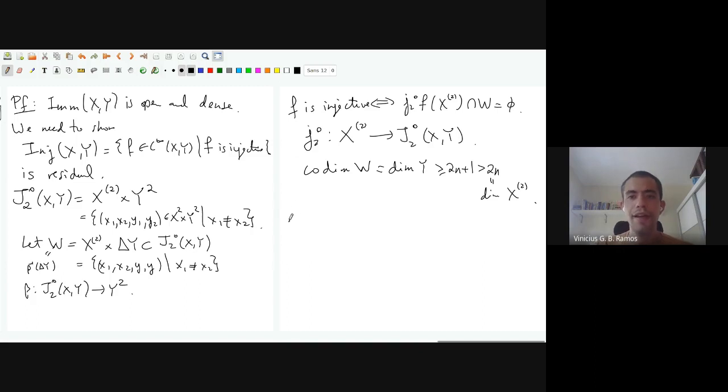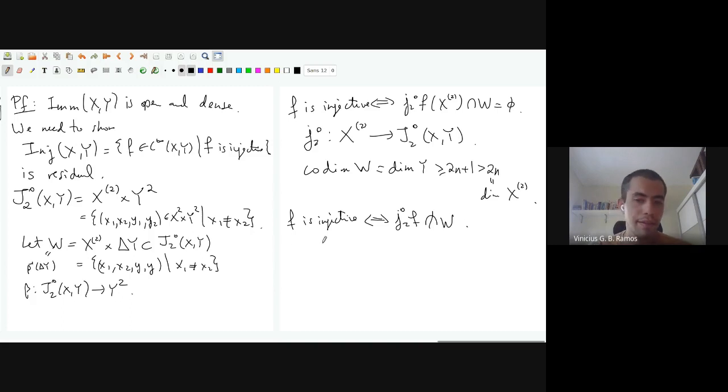So that means that f is injective if and only if the 2, 0 jet of f intersects W transversely.